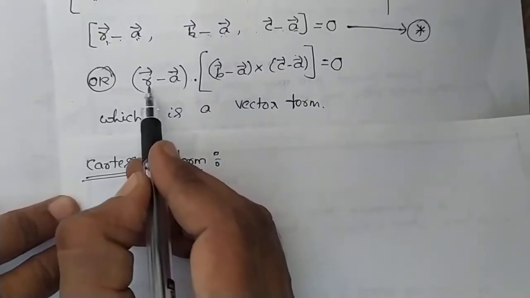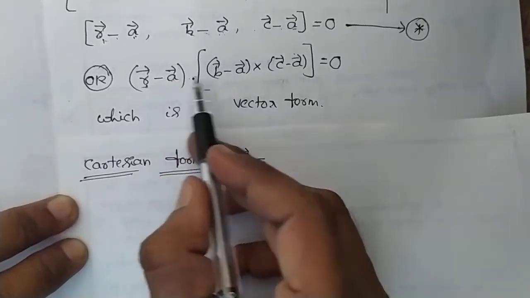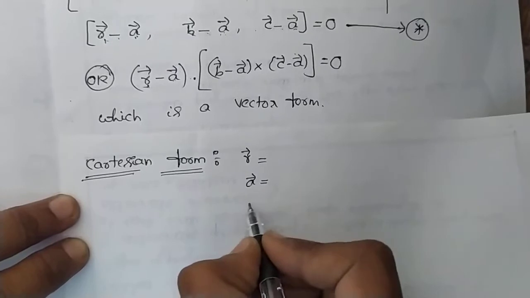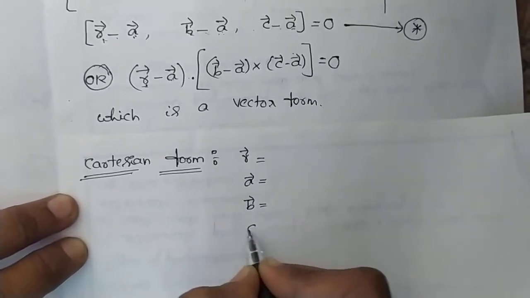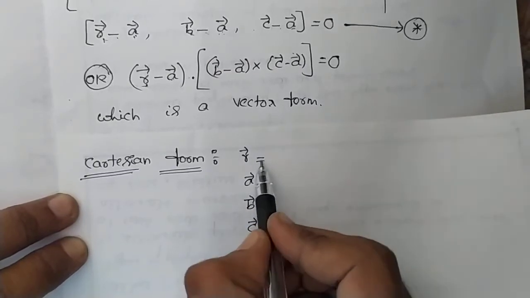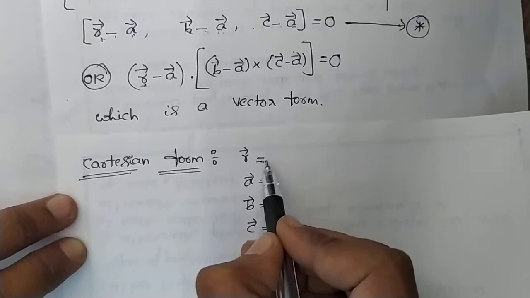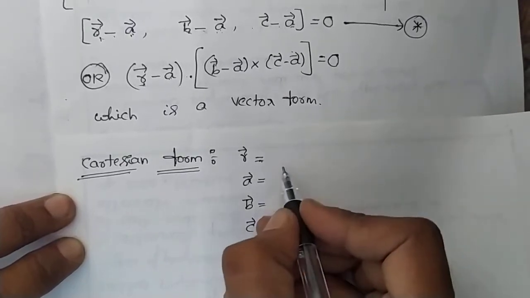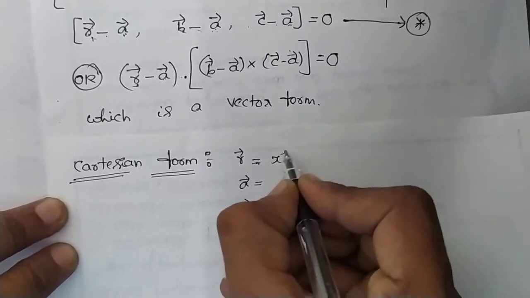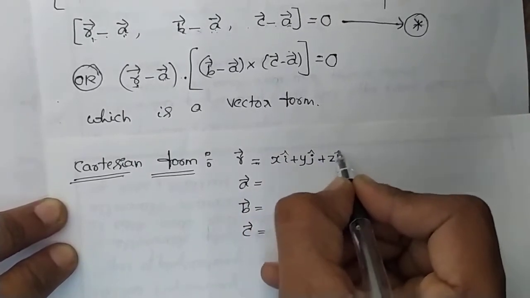Let us define this R vector, next A vector, B vector and C vector. R vector, which is a position vector, is nothing but x, y, z. Let us represent that x, y, z in the vector form: x i cap plus y j cap plus z k cap.